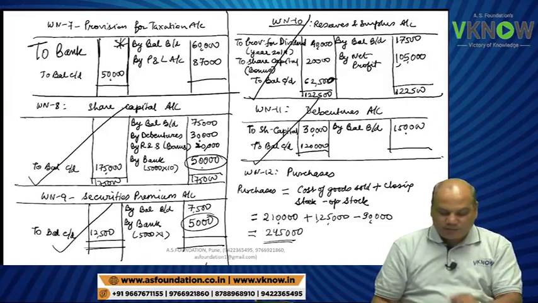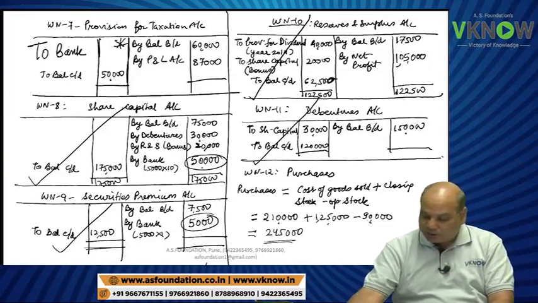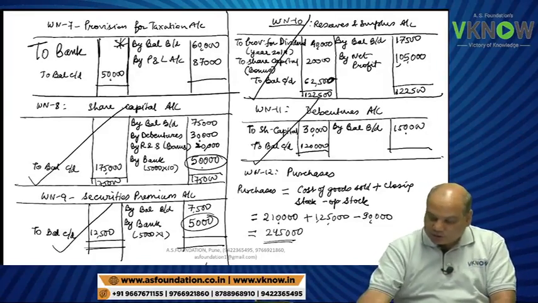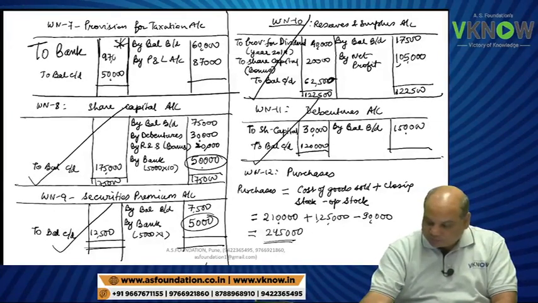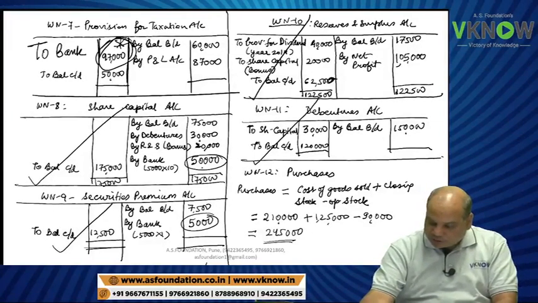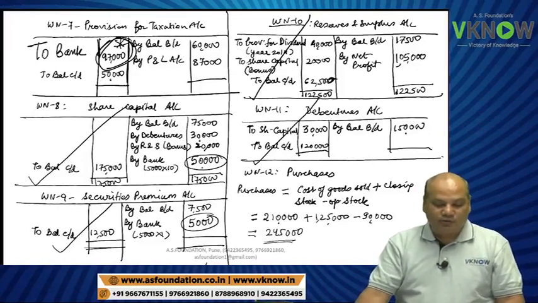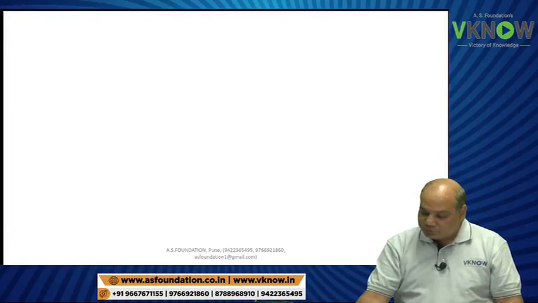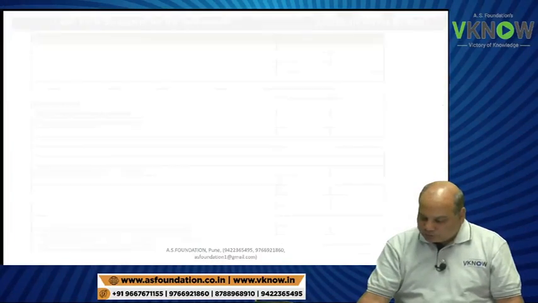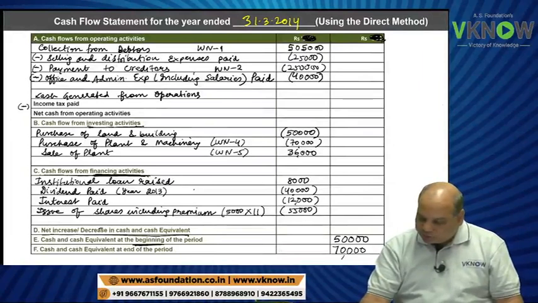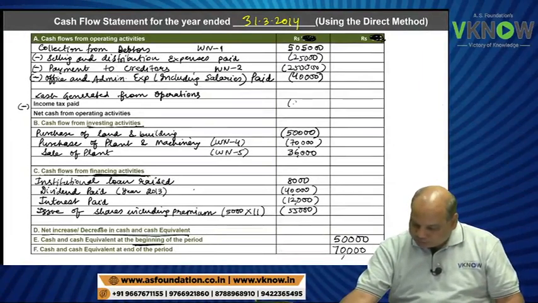How much is the taxes paid? Check the balance. 97,000. Balance will be 97,000. Tax paid is 97,000. So what we will do? We will go to income tax paid 97,000.